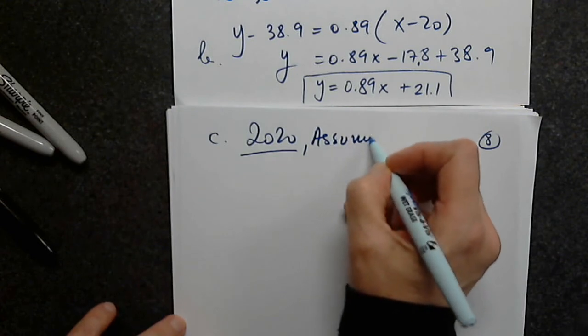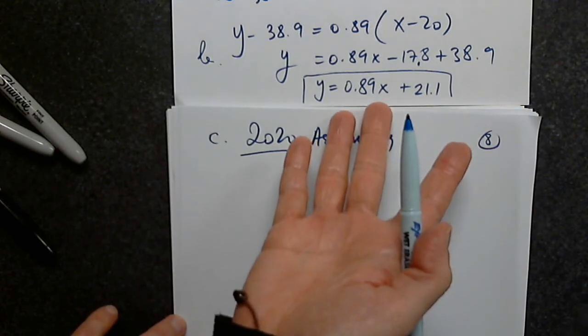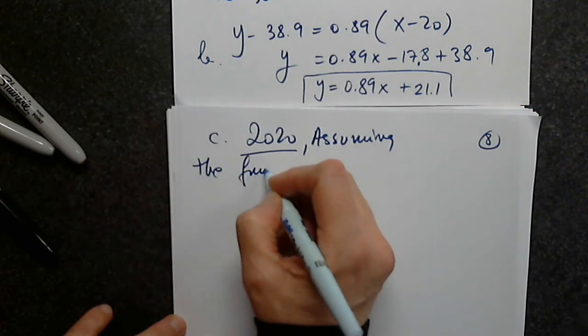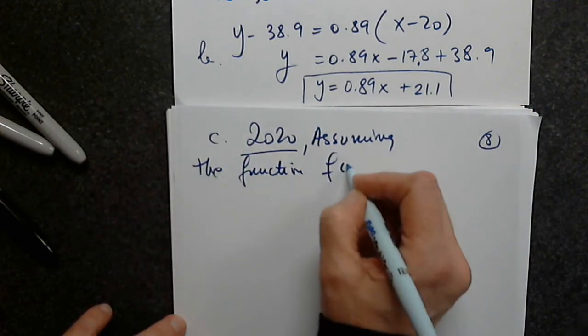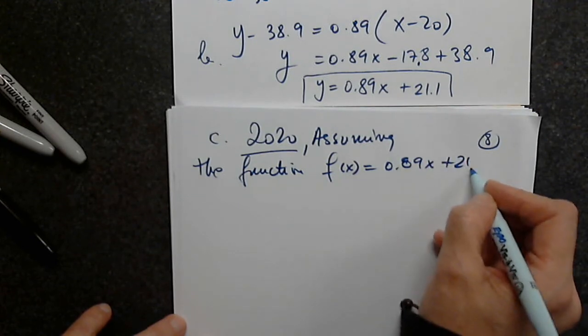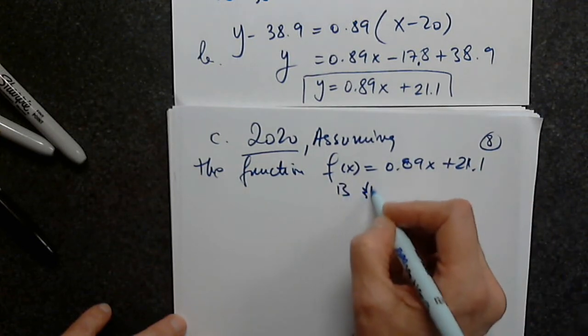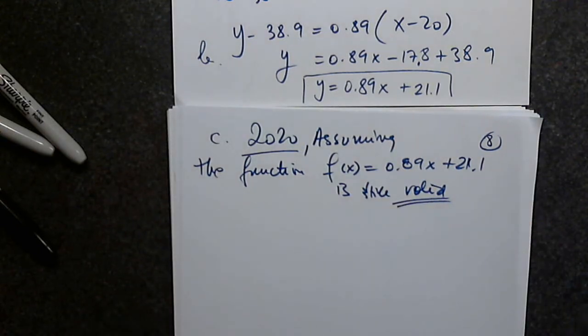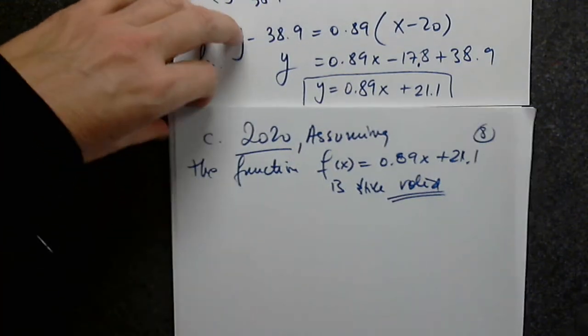Assuming, in other words, assuming that the function f of x, 0.89x plus 21.1, is still valid. I don't know. It may or may not. Once I get outside of the range of the data, I don't know what can happen.